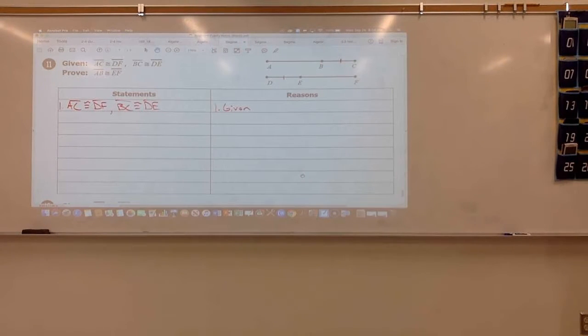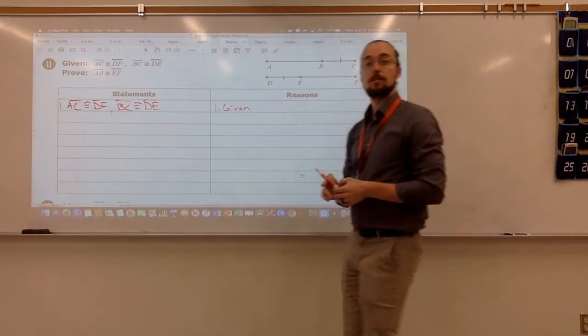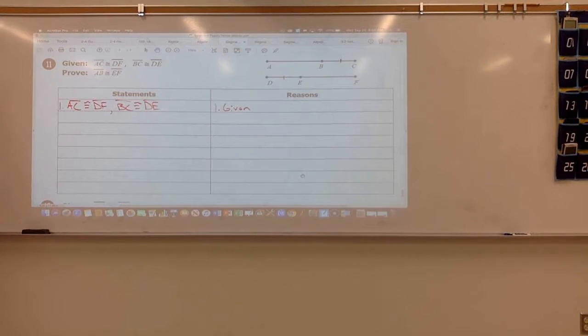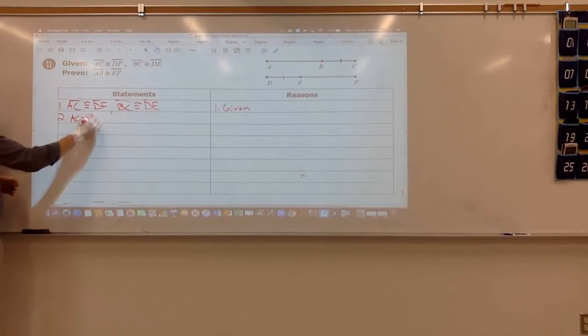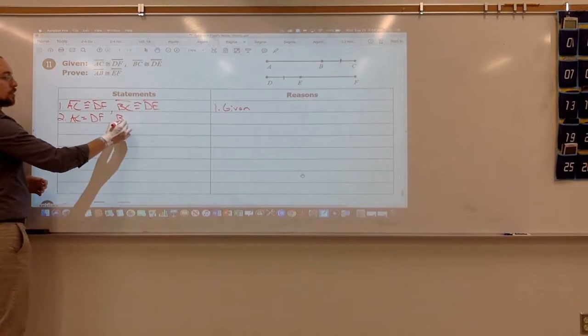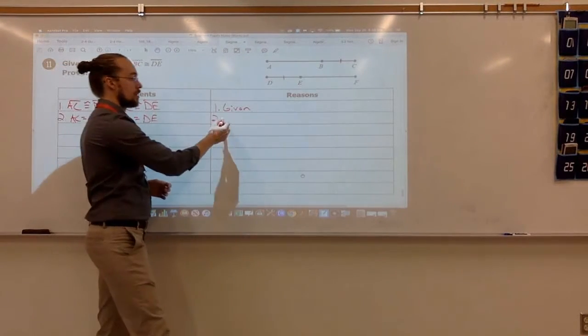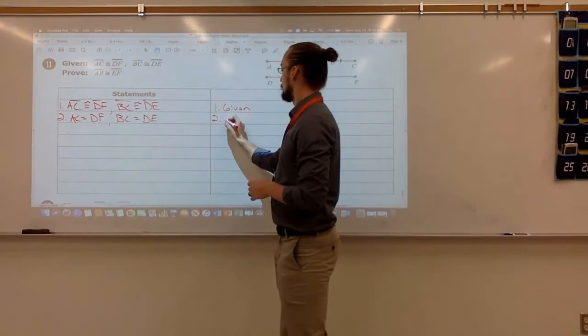Where can we go from here? Yeah, right? We can just say the lengths are equal to each other. Right? Let's try that. So AC equals DF, BC equals DE. What reason is that? Definition of congruence.